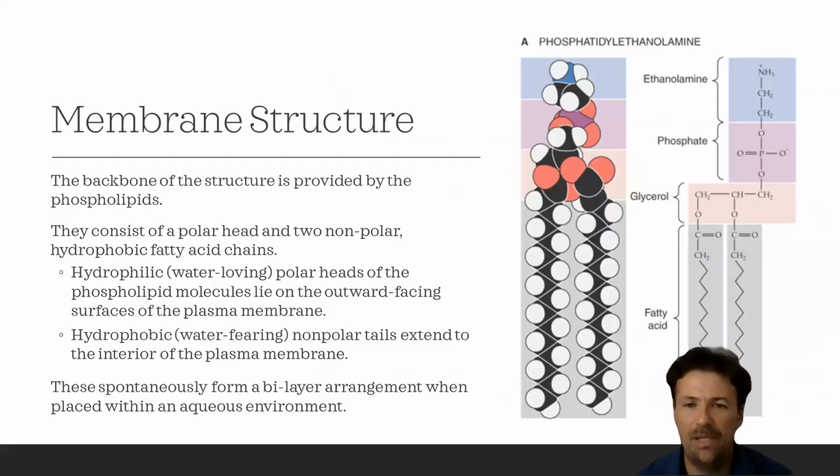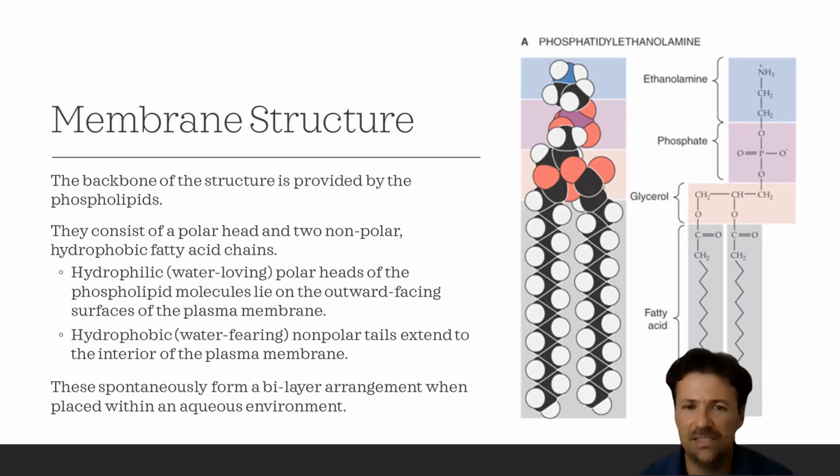And this diagram here that you see on the right just gives us a little bit more detail of the structure of the phospholipid. The head is able to interact with water. And so this is the part that you find on the outer surface of the membrane and the inner surface of the membrane. The tail is hydrophobic. It doesn't like water. And that's what you find in the center of the membrane.